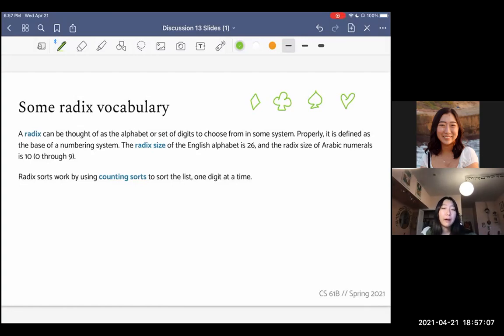And when we have this well-defined radix and we want to sort words, which consist of characters within these radixes, we can use a radix sort. So radix sorts work by using counting sorts to sort the list one digit at a time. And there are two main types of radix sorts we look at: least significant digit and most significant digit.